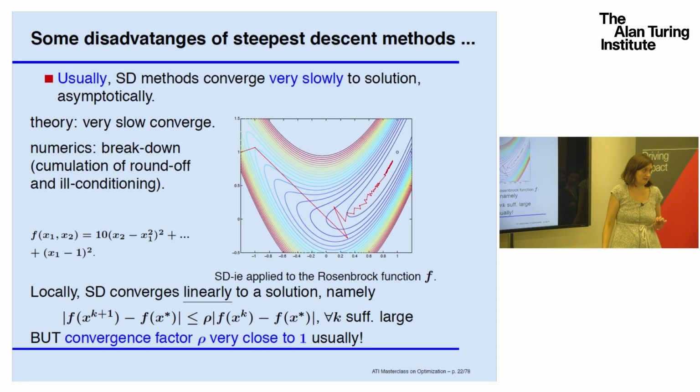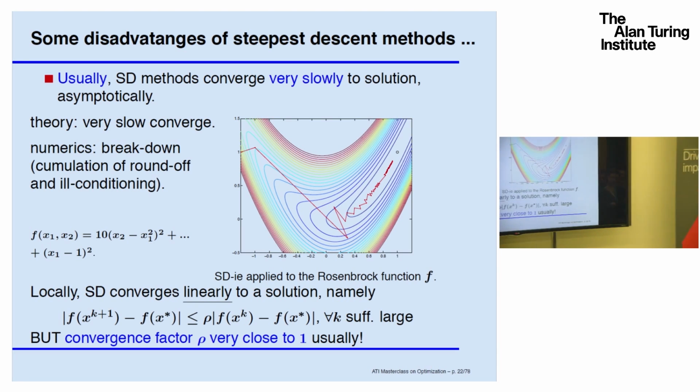What is the rate? The rate of steepest descent close to a minimizer, close to a stationary point, is linear. That in itself, despite what I'm saying here, is a good rate. The problem is that the convergence factor in the linear rate is very close to 1. Usually. This rho here is as follows.